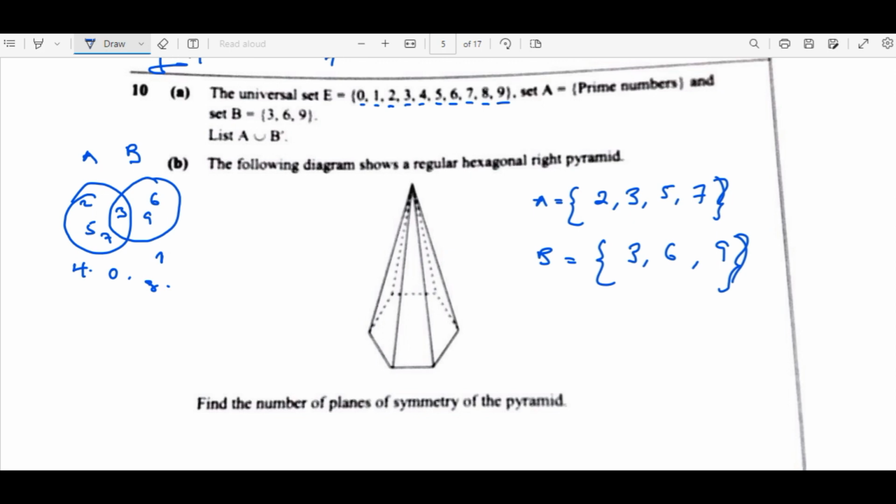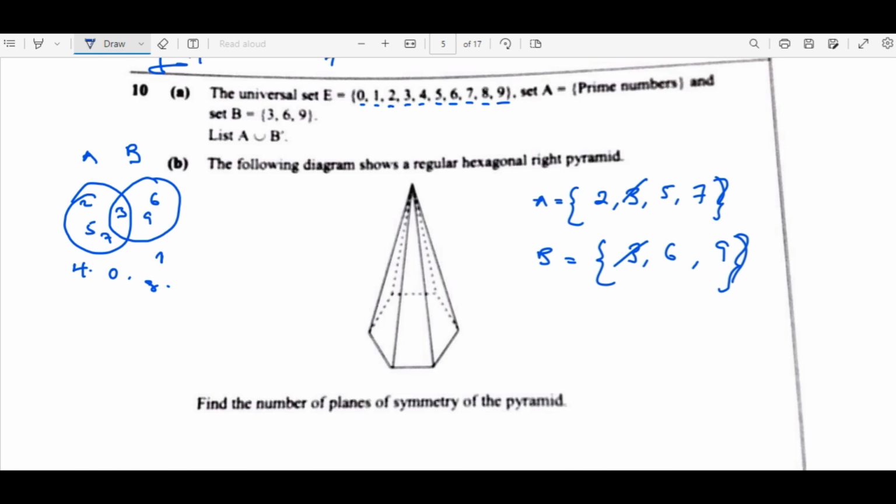You can cover set B using your hand. Now the set that you remain with is set A. In this case, the numbers that we have, you can cancel out: 3 gone, and then 6 and 9 gone. We are remaining with 2, 5, 7.